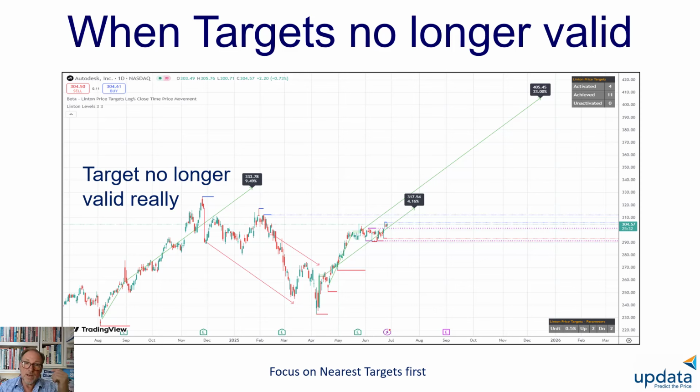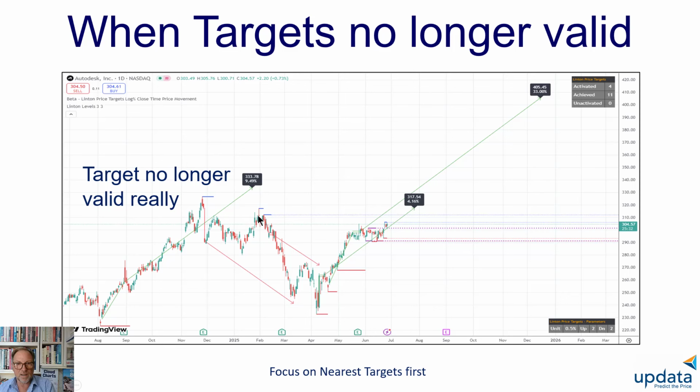So when targets are no longer valid, you can see here an example of a target that was given, almost met, and you'd start to say that's a target that was probably just done. And then you had downside targets kick in that were met. Downside targets being met is bearish confirmation, and then new upside targets.